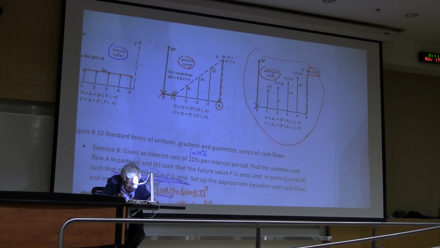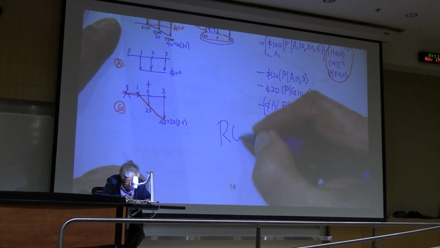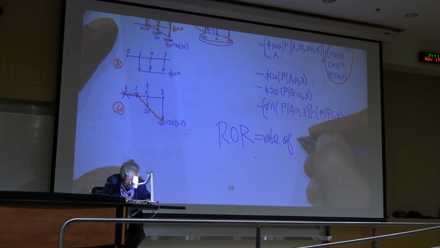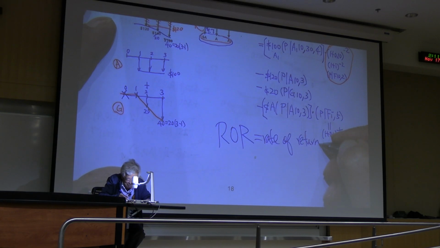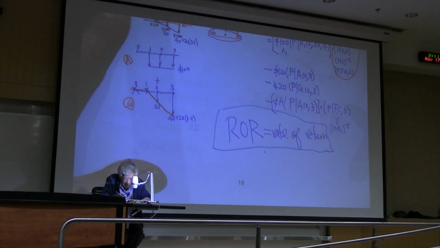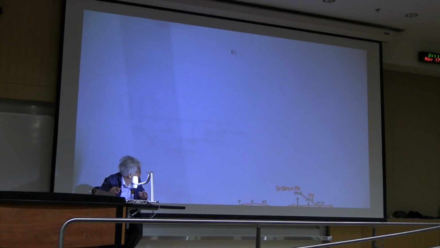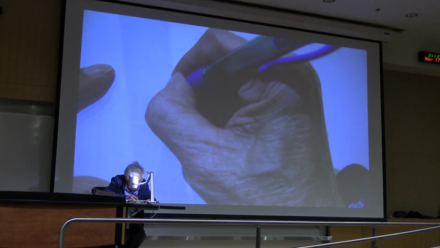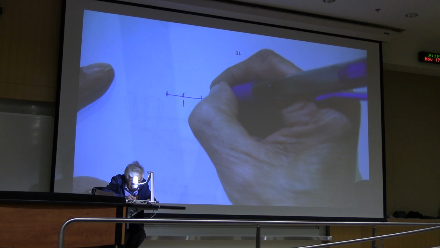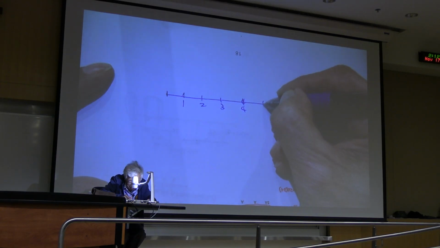Now, on Wednesday, ROR, rate of return. When you invest money into a project, say you have different interest periods, 4, 5.